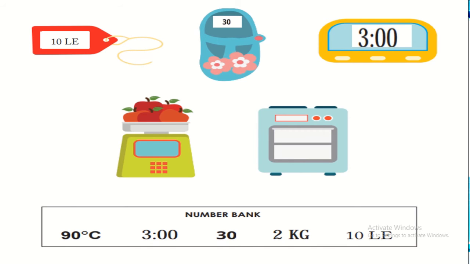The fourth picture represents a balance, and the weight appears on it, so it will be 2 kilograms. And the fifth picture represents a cooker, so the answer will be 90 degrees. Now I know how to use numbers in correct places to get the right information.